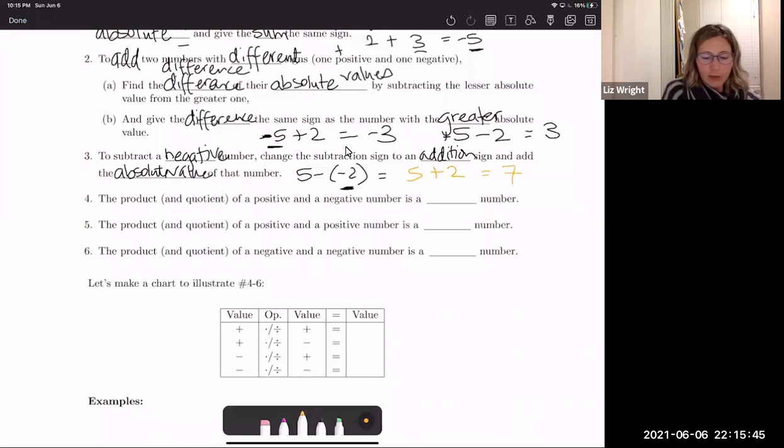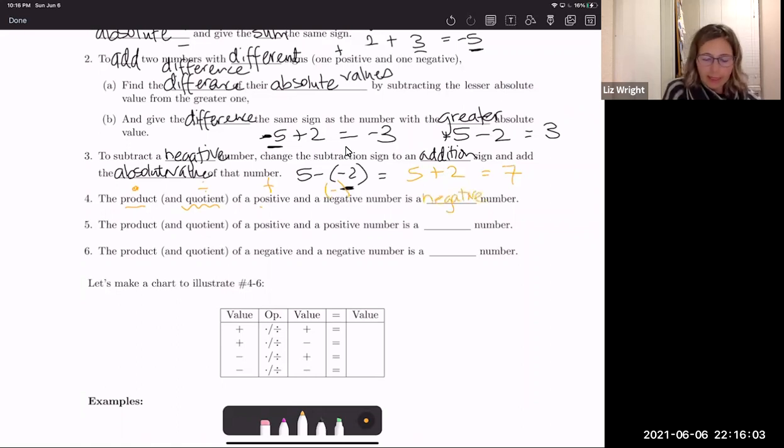All right. So then the product or quotient, so this is multiplication, quotient is division, of a positive and a negative number is a negative number.